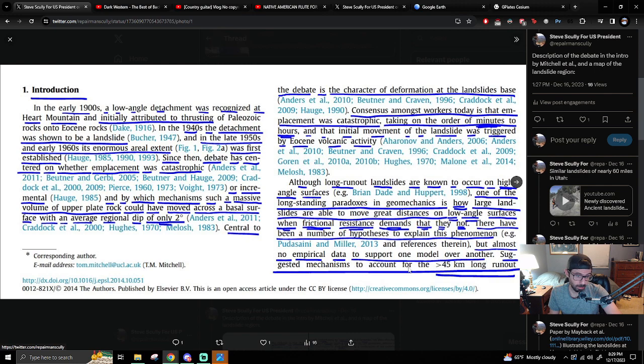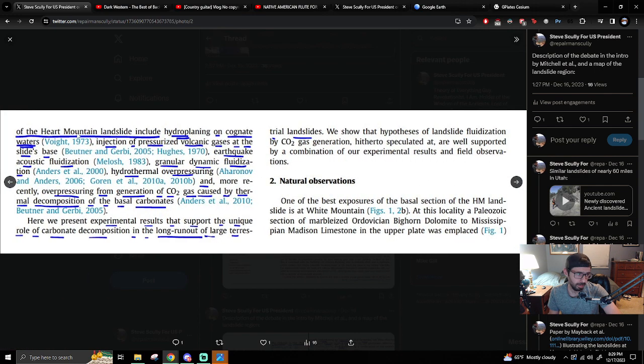Suggested mechanisms to account for the greater than 45-kilometer long runout of the Heart Mountain landslide include hydroplaning on cognate waters, meaning waters that were present at the time, like flood waters, really. So that's what I would say is more likely.